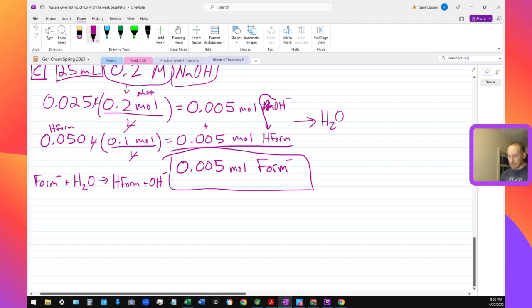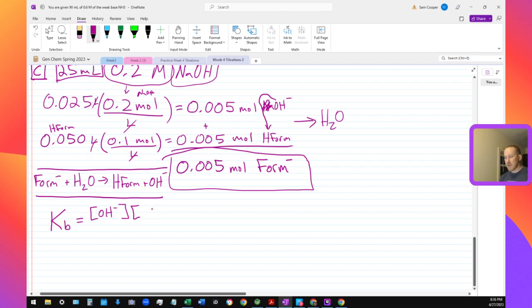So also, as we're talking about a balanced chemical equation about the behavior of a base, we actually need our Kb value, which is the exact same concept as Ka, except it talks about hydroxide and the product is the conjugate acid, and the reactant is the base, the conjugate base.